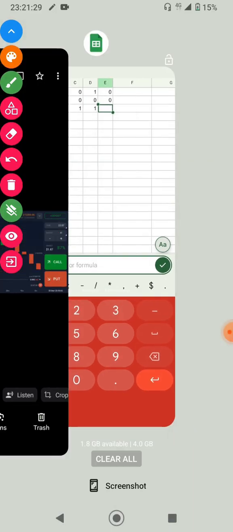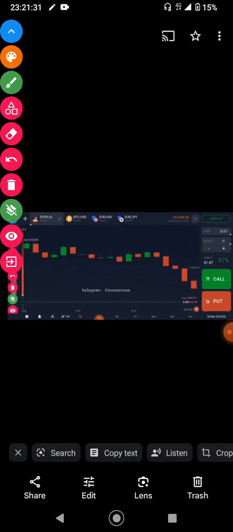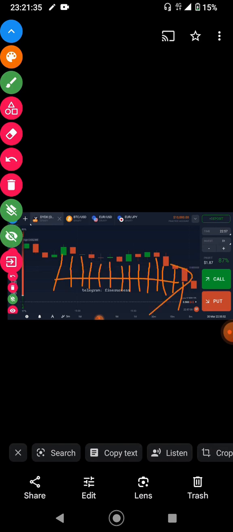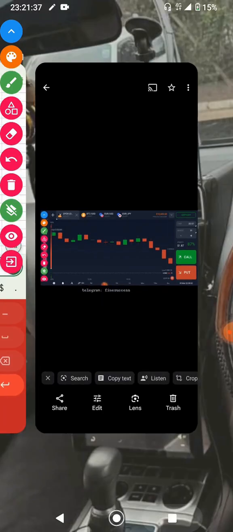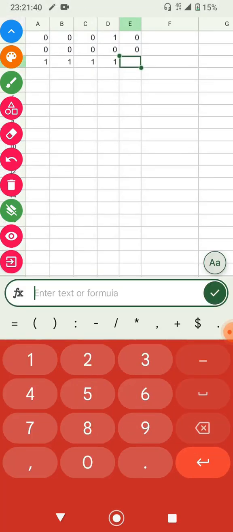I think we have exhausted the width of our chart. But anyway, let me show you how this has worked out for us. We have cleared column A, column B, column C, and column D. And if we look at this, the consecutive losses, especially on the last trade on E, we had first loss, second loss, third loss, fourth loss, fifth loss, sixth loss.